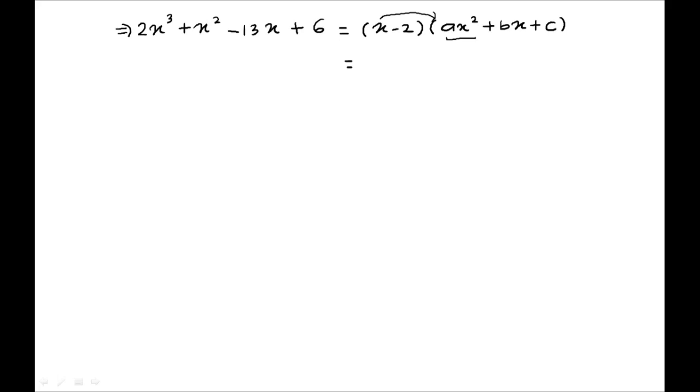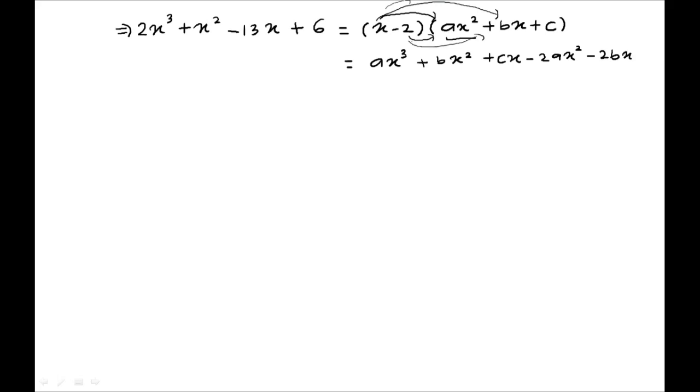Before we can compare our coefficients, we need to expand this expression. So x times ax squared, we get ax cubed. x times bx is bx squared. x times c is cx. Negative 2 times ax, negative 2ax squared. Negative 2 times bx, negative 2bx.